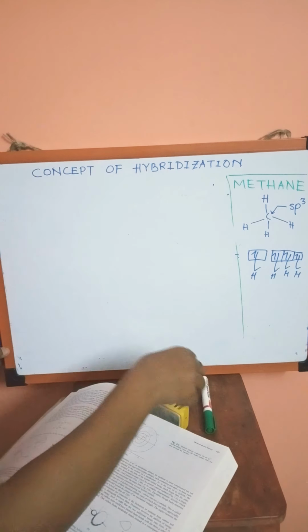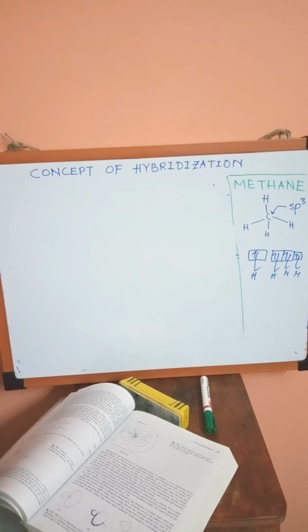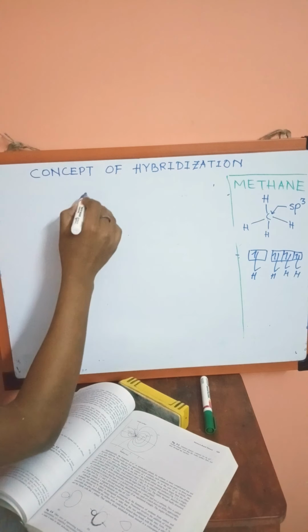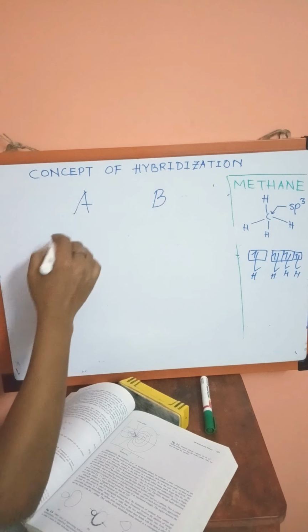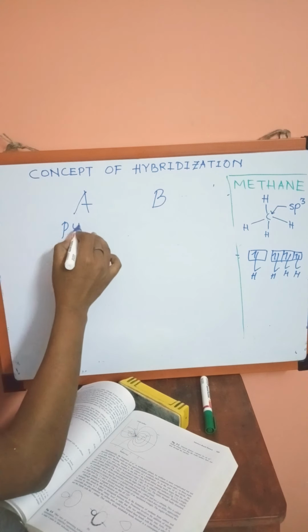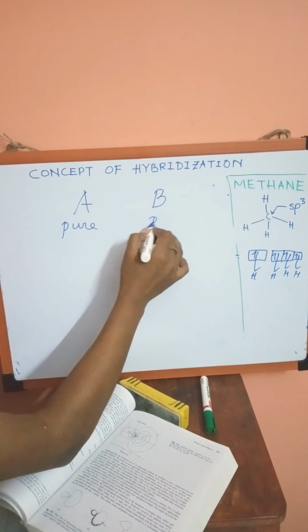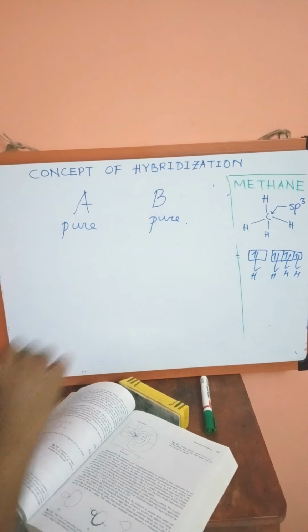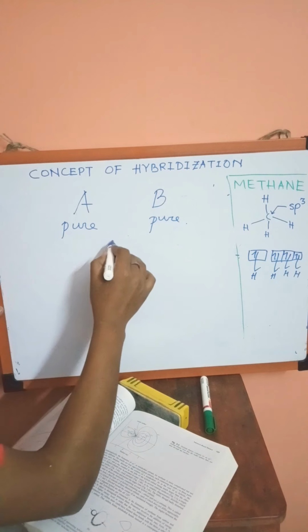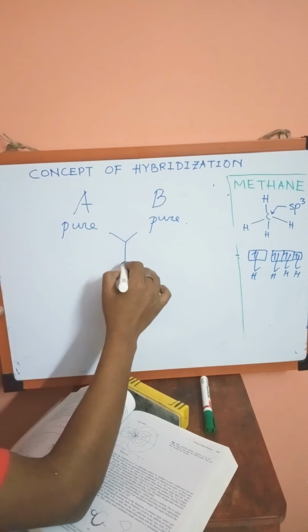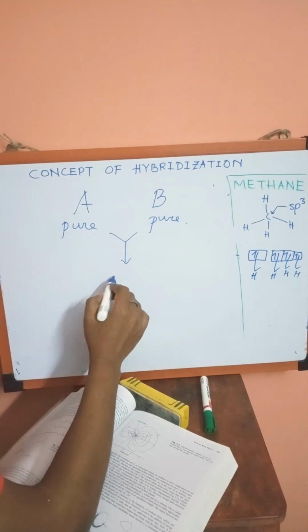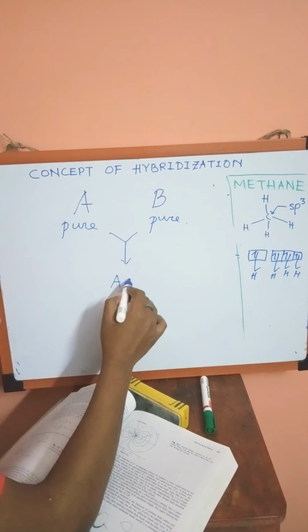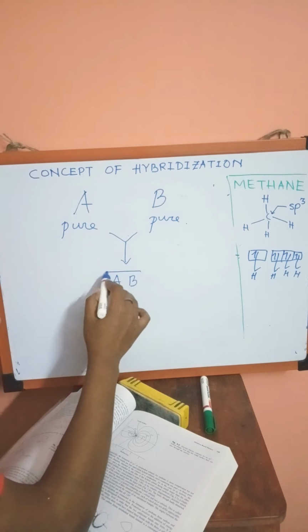In a mixing way. That is, if you have, suppose, A and B, these are all pure substances. Now you mix them and have a system of AB.